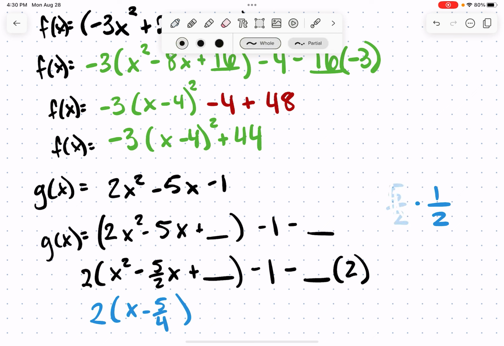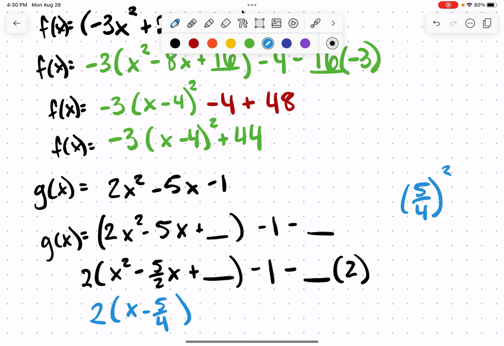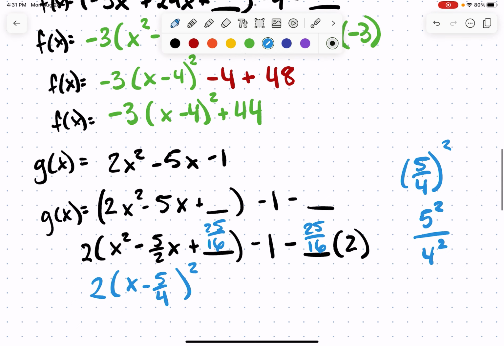And 5/4 squared, how do we square a fraction? Well, we square the top and we square the bottom. So that is 5 squared over 4 squared, or 25/16. So what's going in my blank is 25/16. Don't be afraid of the fractions.